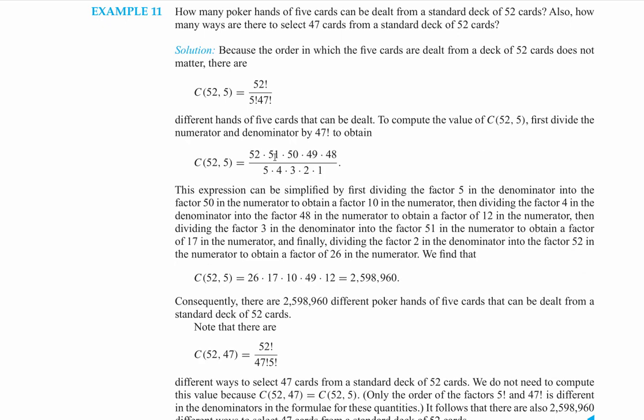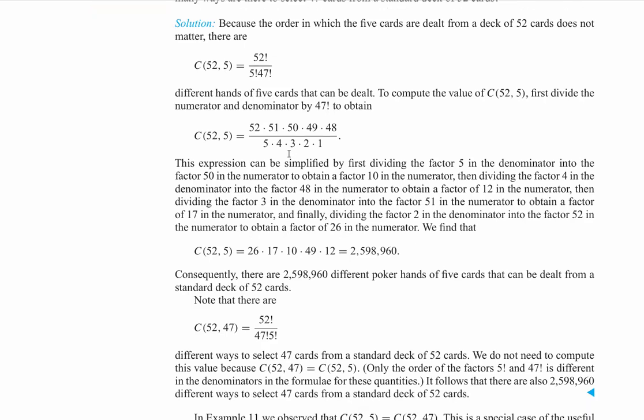So it's 52 times 51, these 5 numbers, divided by 5 factorial. You could do some cancellation, but I think you really need a calculator.